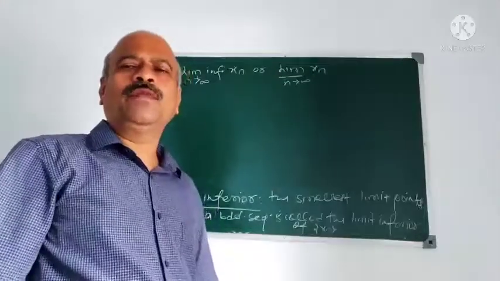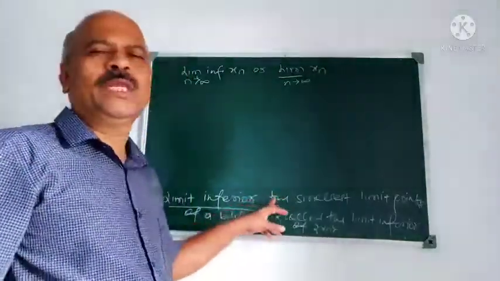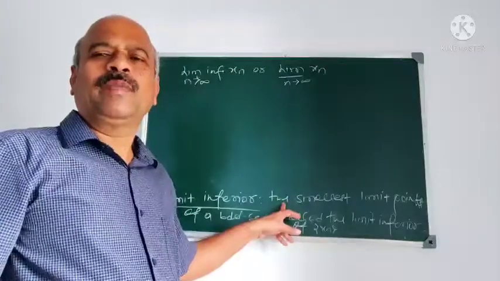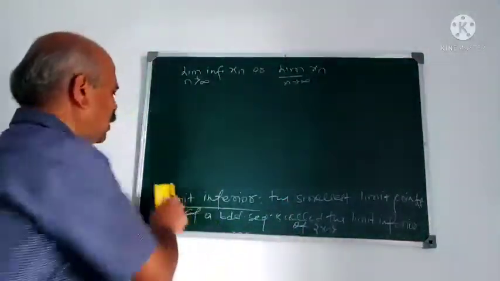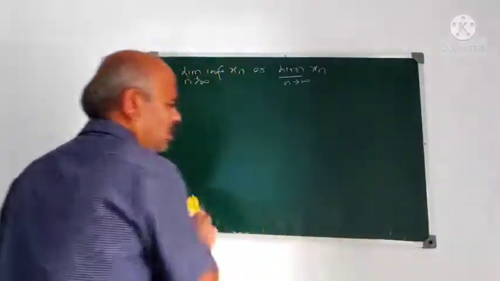I think you followed the definition. Limit superior is the greatest limit point of the sequence, and the smallest limit point is called limit inferior.